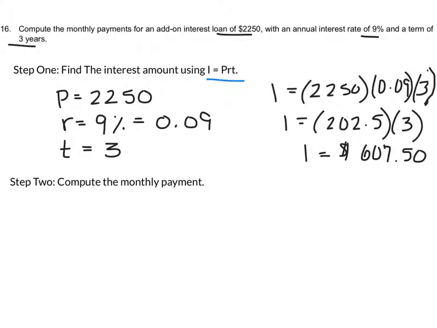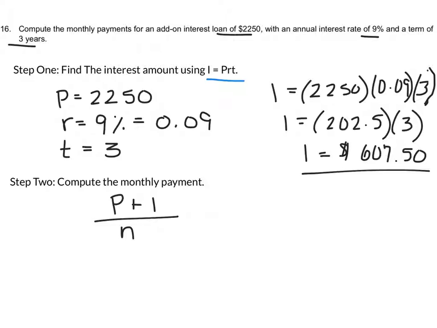Our next step and our last step is to compute the monthly payment. The monthly payment is found by using the formula P, which is the principal, plus I, which is the amount of interest we just found, divided by N, which is the number of monthly payments.